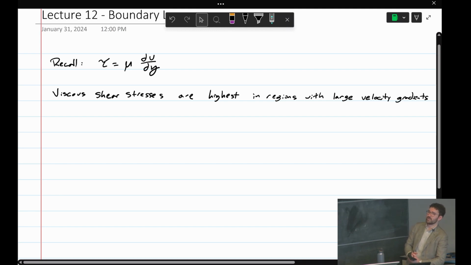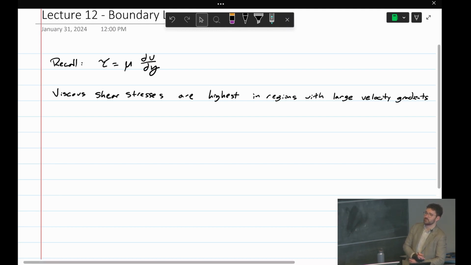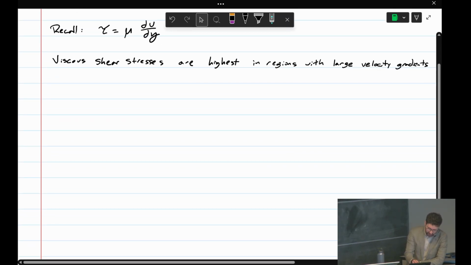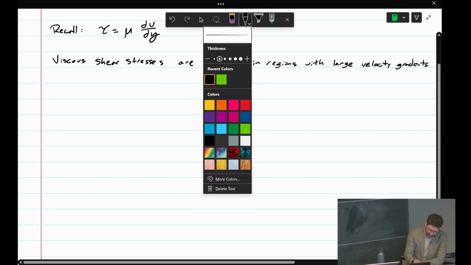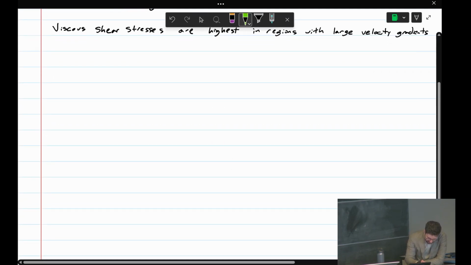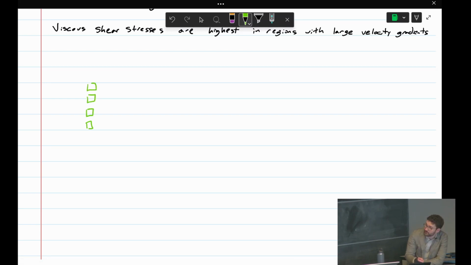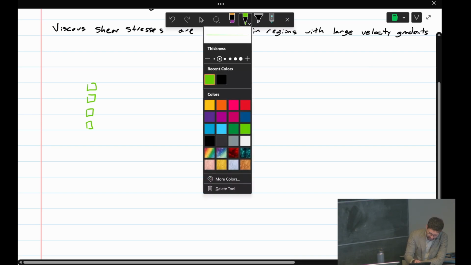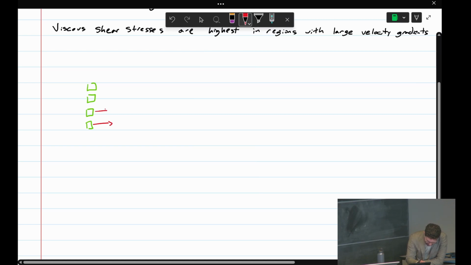So if there's a large rate of change in the velocity, that produces a large viscous shear stress in our fluid. So one particular region where this happens in our flow is at a no-slip wall. I'm going to draw kind of a stack of fluid parcels here moving towards a wall. Let's say I have these 4 fluid parcels, and they all have the same uniform velocity.